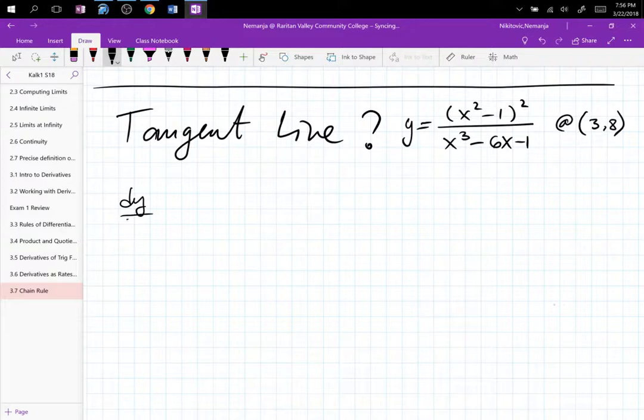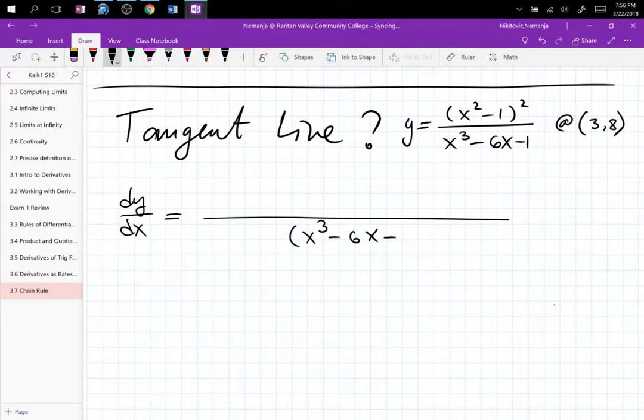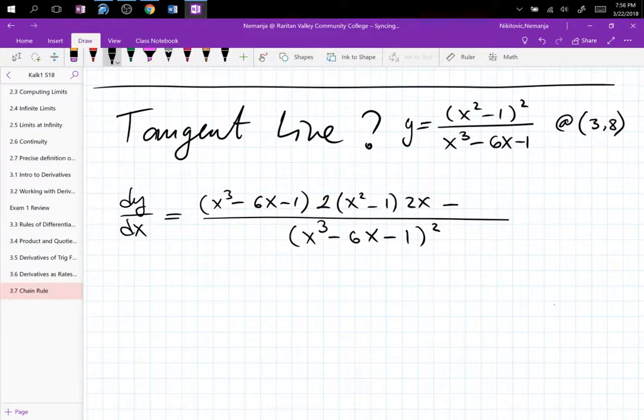So dy/dx is equal to, we have denominator squared, denominator copied, the derivative of the numerator, which is 2x squared minus 1 times 2x as a chain rule, minus copy the numerator times the derivative of the denominator, which is 3x squared minus 6.